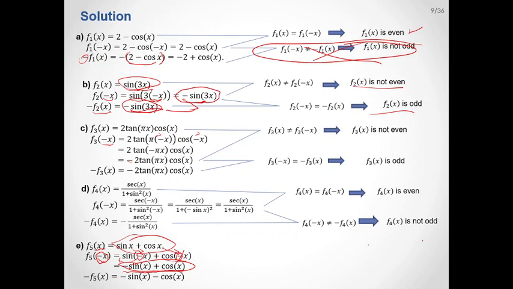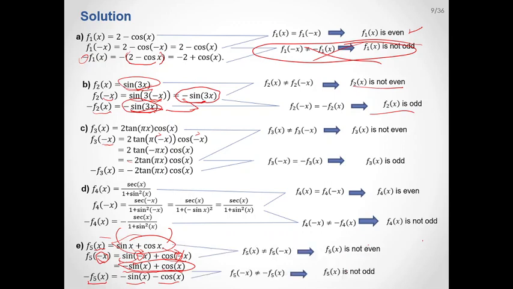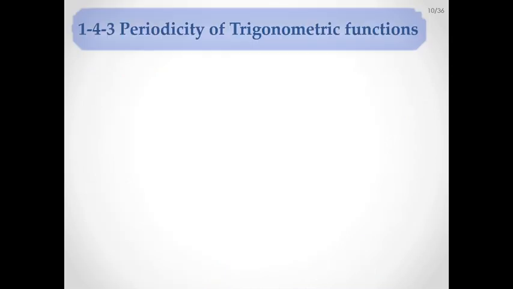In the same way, we look at minus f sub 5 of x. When you multiply both sides by minus, you will get minus sine x and minus cosine x. And you see they are not the same either. So f is not even, and it's not odd. So the answer is neither even nor odd.